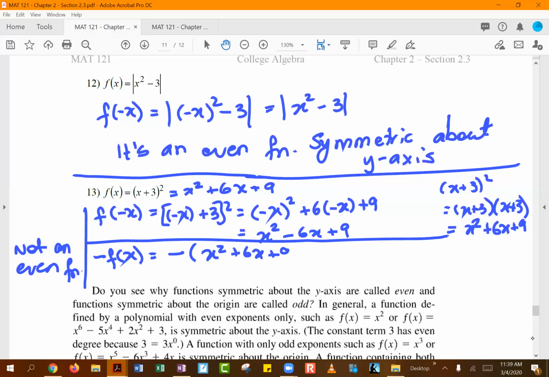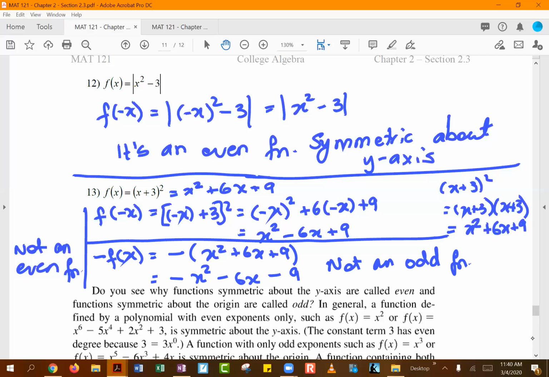That should give us negative x squared, negative 6x, negative 9. Do these two match? No, because it's only the 6x that has the negative, but the others don't. So that means this test we just did tells us it's not an odd function either.